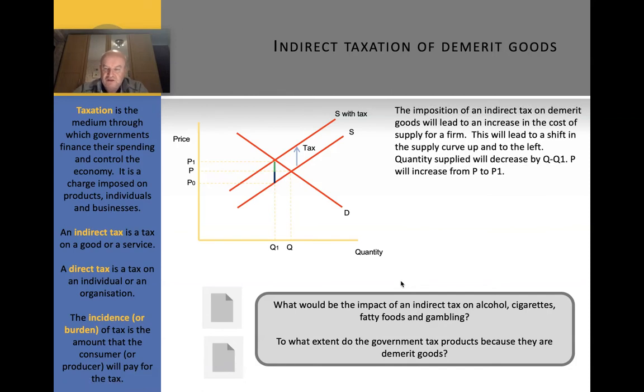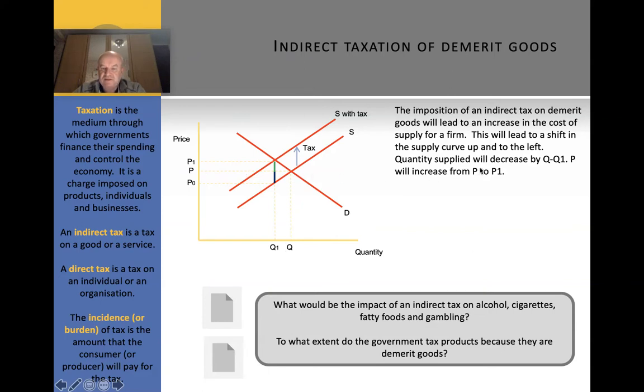We're assuming that this is a demerit good, and we are imposing an indirect tax on it, which will lead to an increase in the cost of supply for a firm. That would move the supply curve upwards and to the left. The original market equilibrium was at S and D, where we had quantity Q and price P.